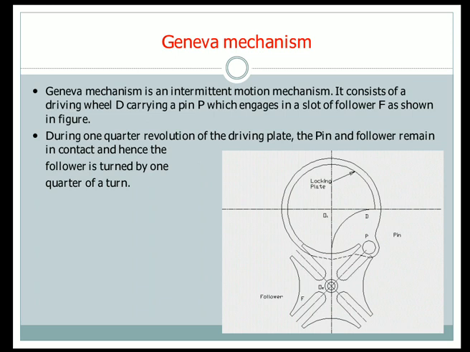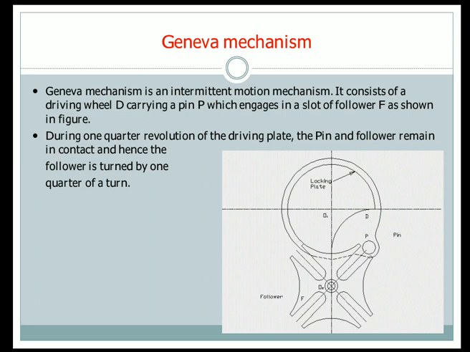Here the driving wheel will rotate continuously, but the follower will rotate only for a quarter of the rotation, that is, it will rotate only 25% for 100% rotation of the driving wheel.